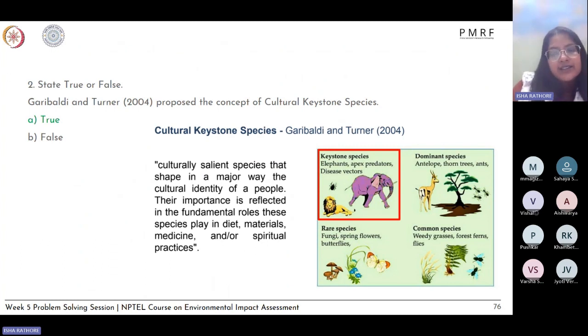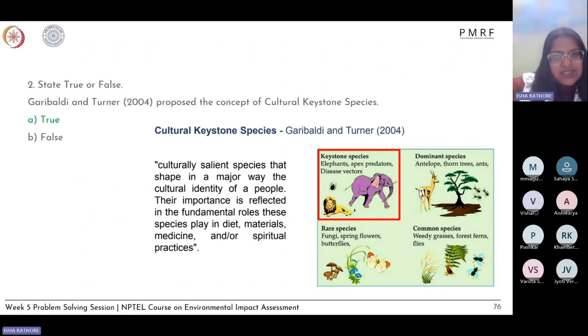Garibaldi and Turner in 2004 defined the concept of cultural keystone species. These are culturally salient species that shape in a major way the cultural identity of a people or a community, and their importance is reflected in the fundamental roles these species play in diet, materials, medicine, and or spiritual practices. For example, you would have heard of mahouts, people who use elephants.